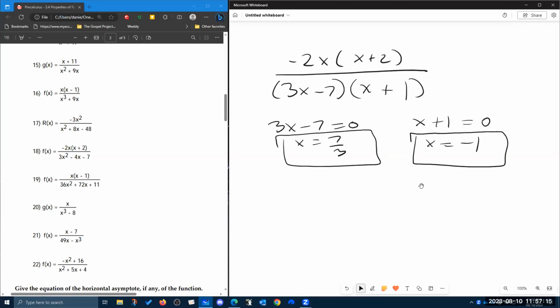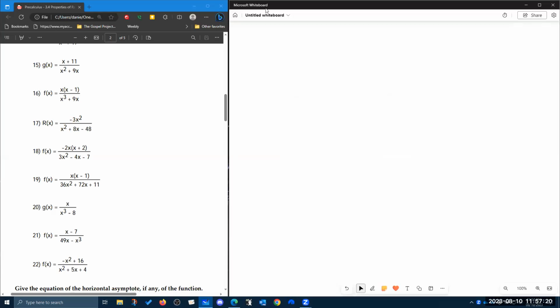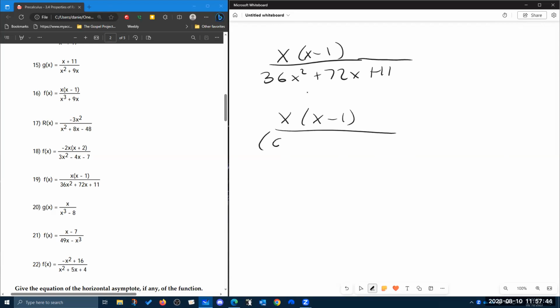Now let's look at number 19. This is going to be x times x minus 1, 6x, 6x.